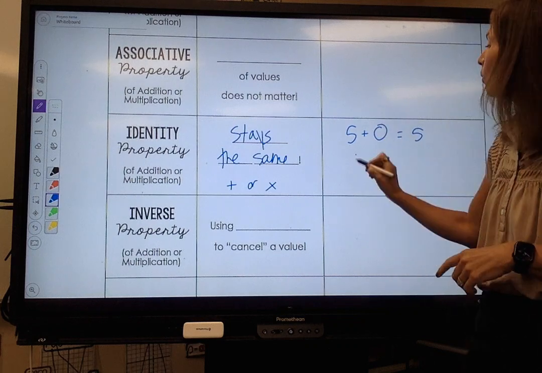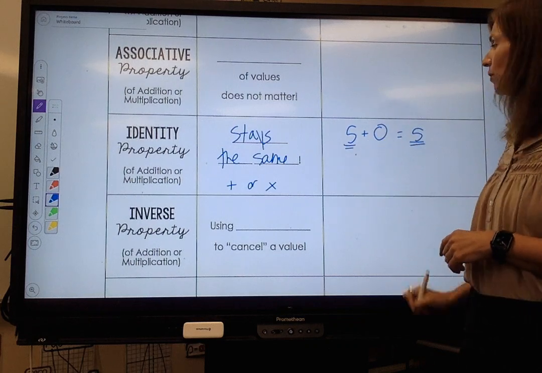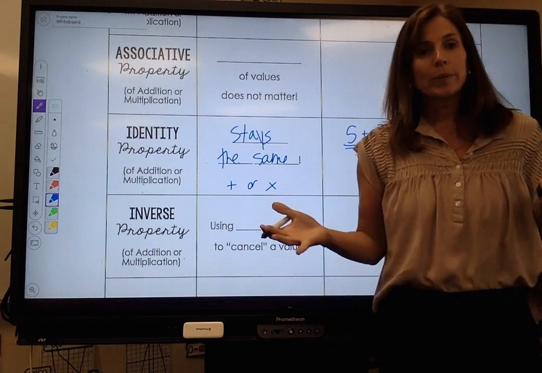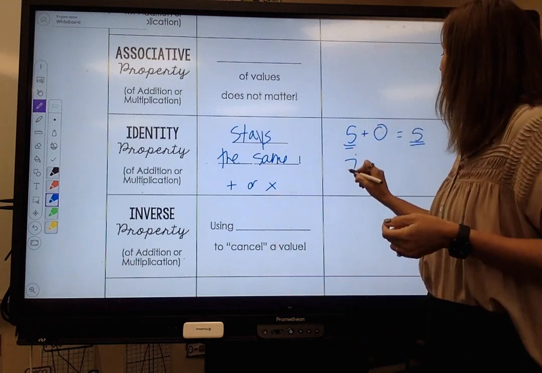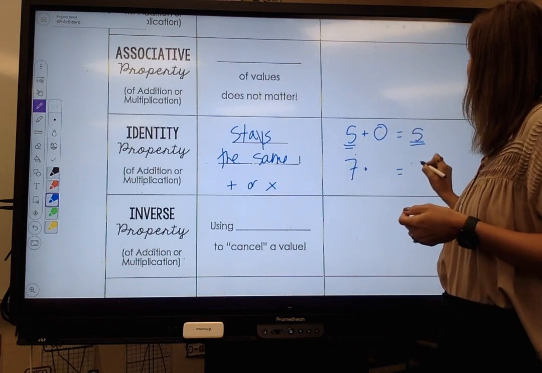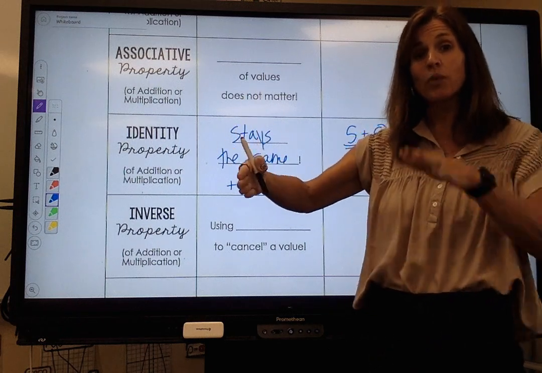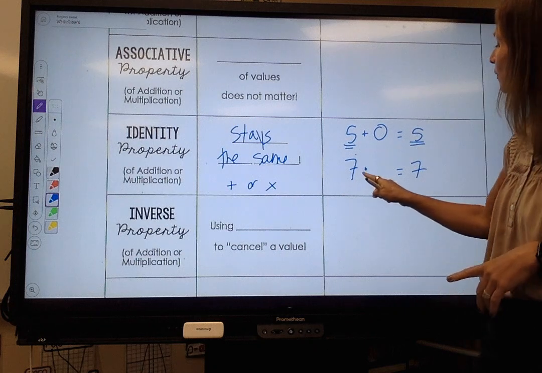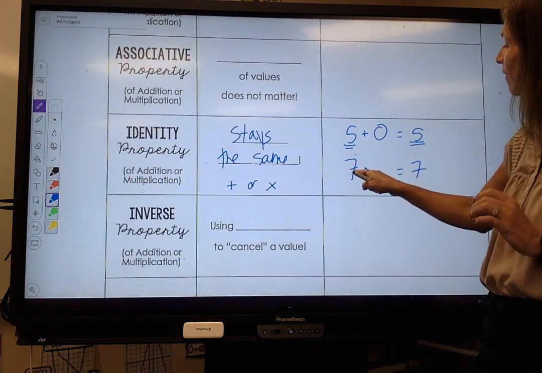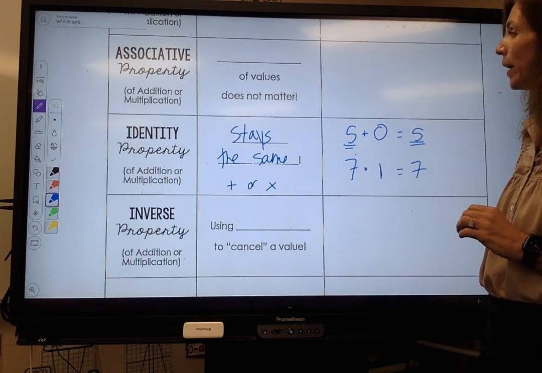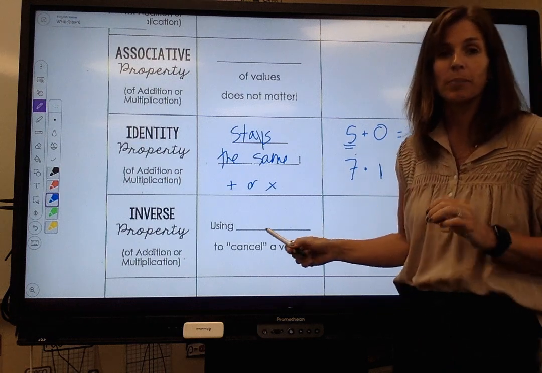That is identity. Whatever you start with, you end with. Multiplication. What do I have to multiply by 7 to get 7? 7 times 1. So this is the identity property.